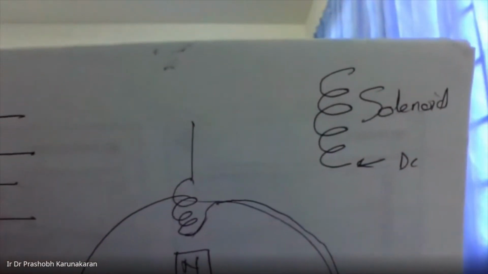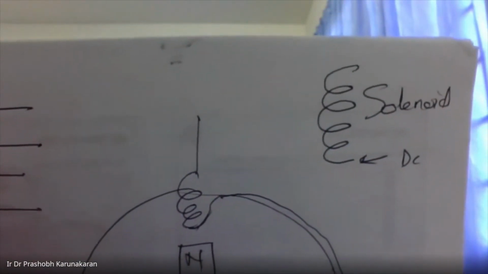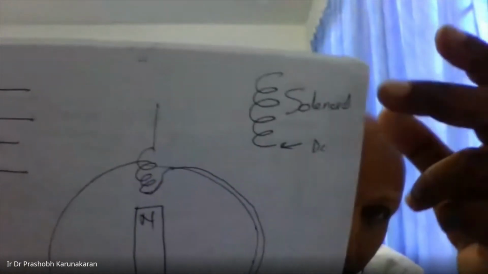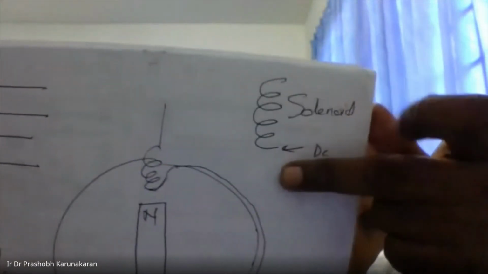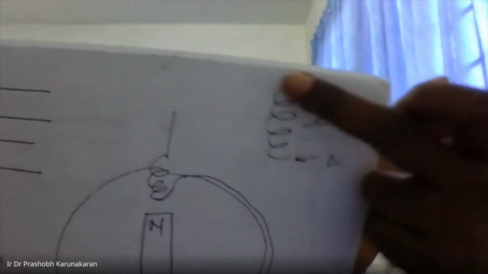Okay, solenoid. A coil with current going inside is exactly like a magnet. Because they're basically inside a magnet, the same thing happens. So that's why you can replace a magnet with a coil with current going inside.